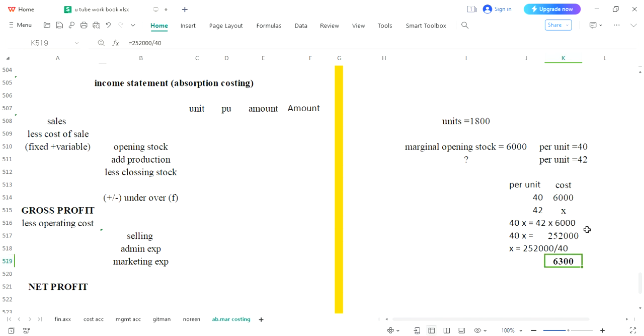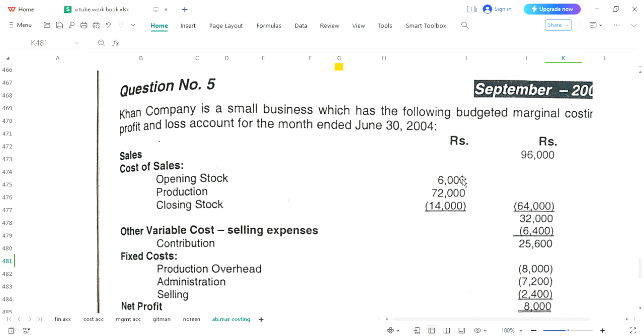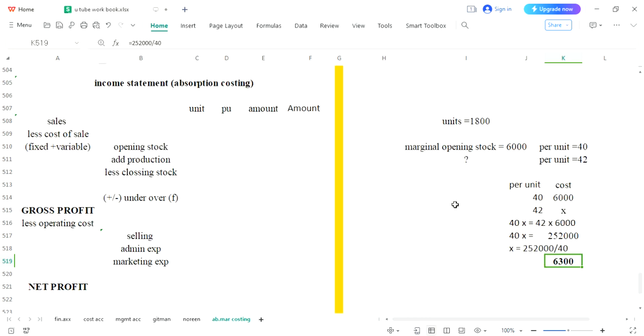It's very important to know, though calculations are very simple, but you will have to understand why we are doing it. Since in marginal costing, opening stock was present over here, fixed cost was not present. So what we have done, we have added fixed cost in it. Simple formula which we will create is 6300.